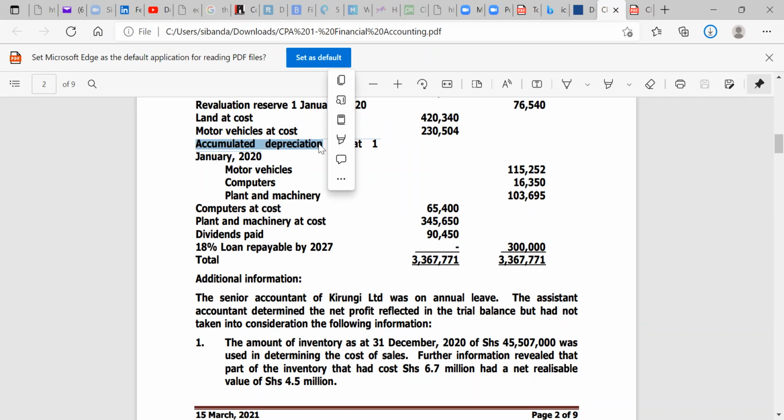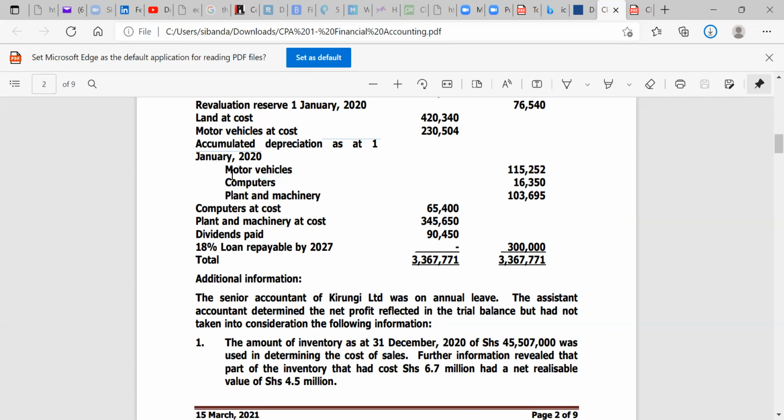So given that we have this question and we are preparing books of accounts for the period ended 31st December, it means that along the way we are going to calculate our depreciation, and whatever depreciation we get, we have to add it on our accumulated depreciation in order to get the accumulated depreciation as at 31st December 2020.